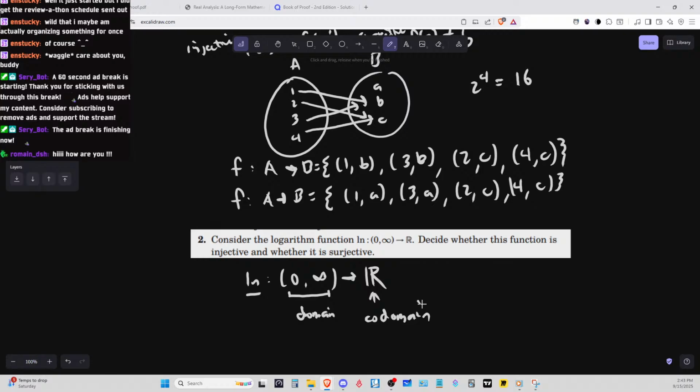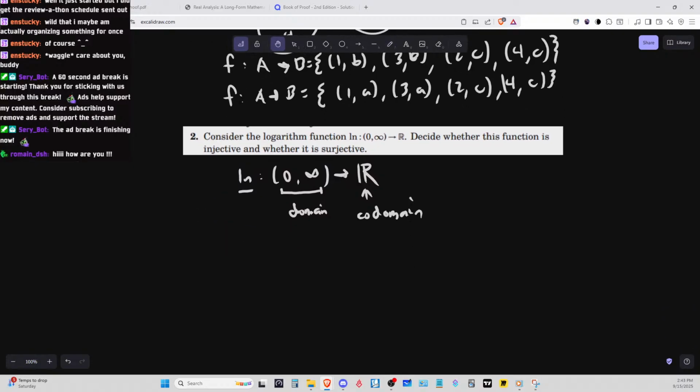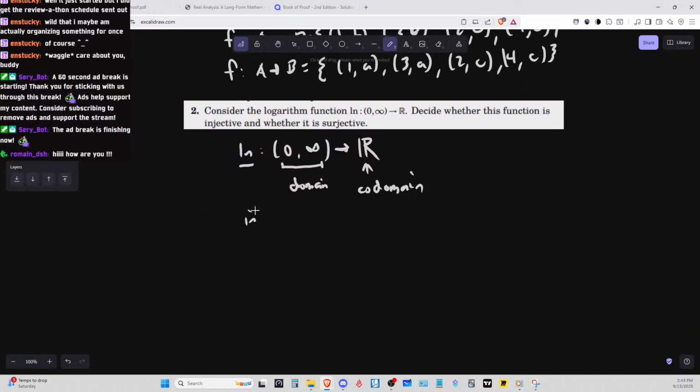At least we'll get that down. Now, for it to be injective, let's start there. For injective, we need that A and A prime are in A, which is in the domain, and A is not equal to A prime, thus f of A is not equal to f of A prime.